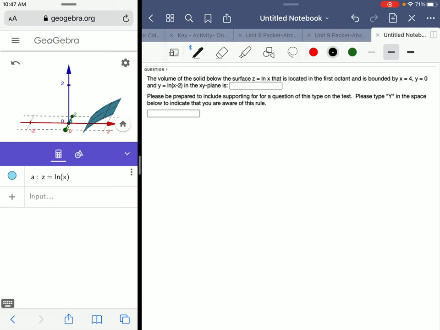All right, so it's bounded by x equals 4, y equals 0, and y equals the natural log of x minus 2 in the xy plane. So let's actually just do a quick sketch of that. All right, x equals 4, vertical line. I'll just pop it right over here.